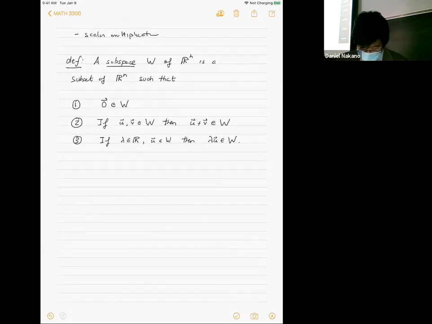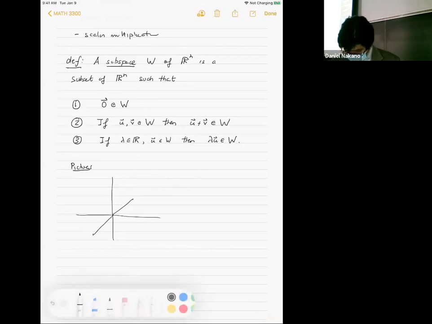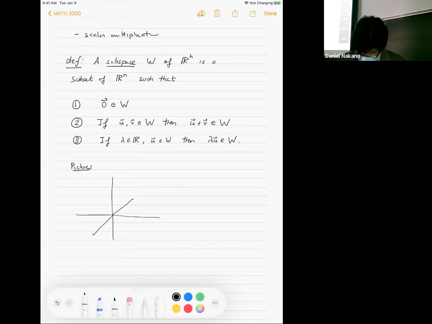All right, so let me draw some pictures. First of all, let's draw things in three-dimensional space. Okay, so let me just draw a picture of a subset inside of R3.